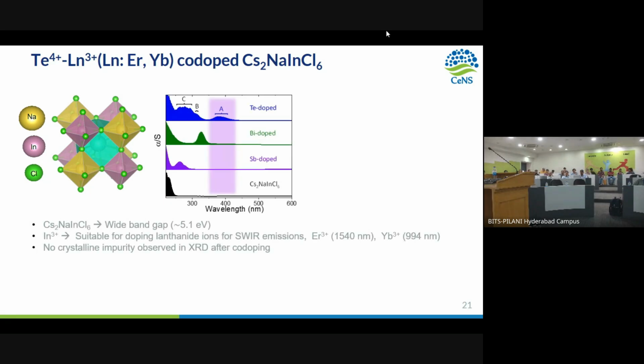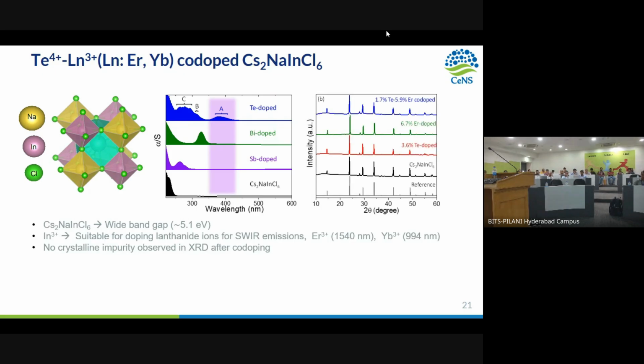Now, my colleague from IISER Pune, Anshuman Nag, and his group came up with this material. This is a very high band gap material, cesium sodium indium chloride. If people dope antimony or bismuth, the absorption edge can be shifted to some extent, because these dopants contribute to the conduction band minimum. But when they dope tellurium, the absorption edge can be shifted almost to the UVA region.